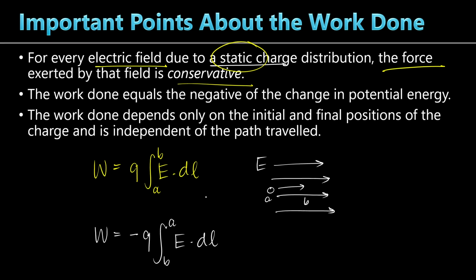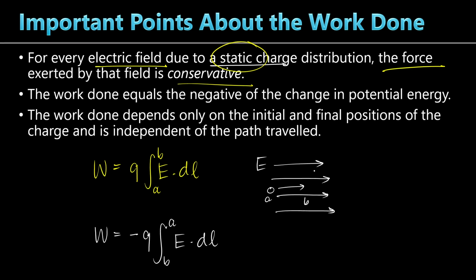So, in the first case, the work done is due to the force that this electric field exerts on this charge. And this charge is moved from A to B. Okay? However, if we write this work in terms of this second expression, in which the lower limit is B and the upper limit is A, then it only means that the charge has been moved from B to A. Okay?